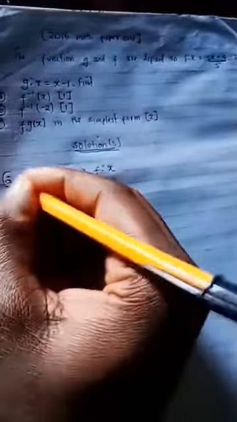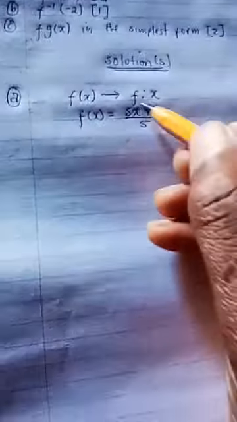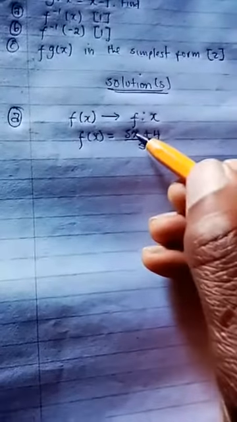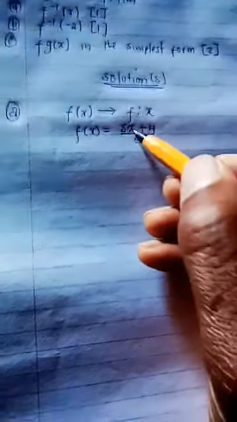The first part, A, is asking us to find the inverse. So inverse, in simple terms, is just making x the subject of the formula. So how do you do that?